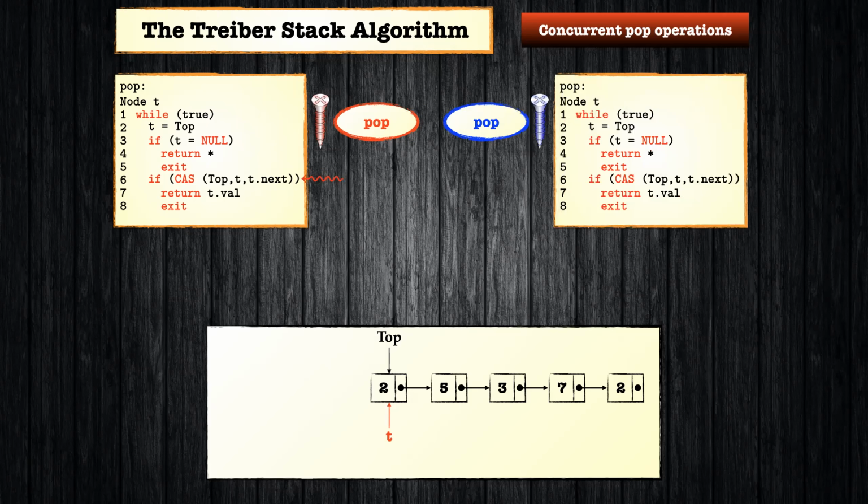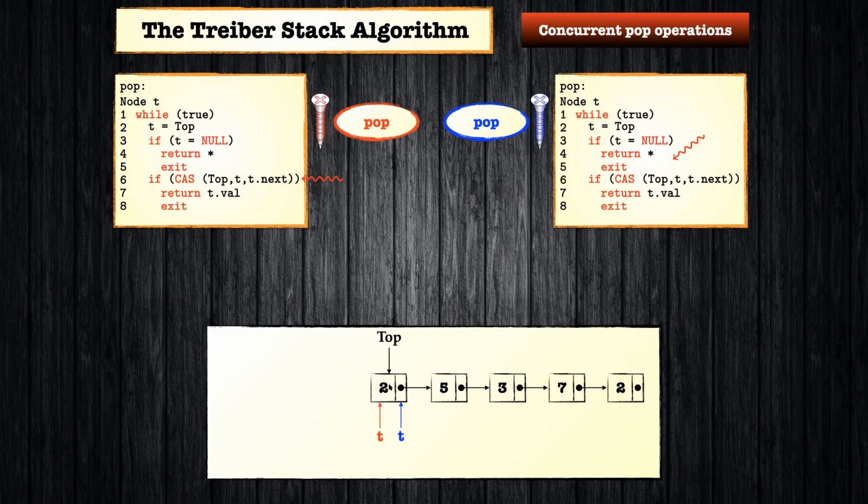So pop, enter your while loop, define the local variable t to be equal to top, which means that both of them will point to the same node, which is the topmost element in the stack. And now both of them are competing to remove this node.